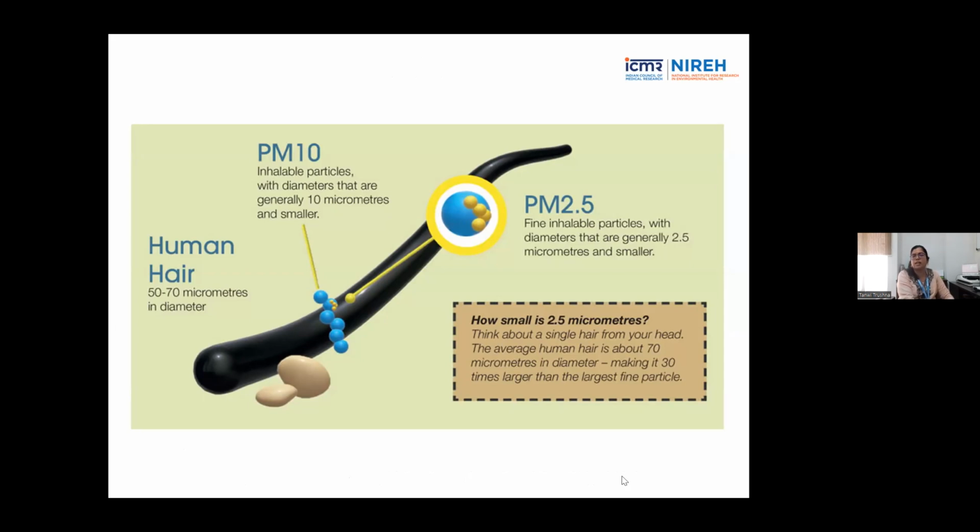In this slide you can see how small these particles are. A single human hair is around 50 to 70 micrometers in diameter. But PM2.5 particles are less than 2.5 micrometers, so their aerodynamic size is almost 30 times smaller than a single strand of human hair.